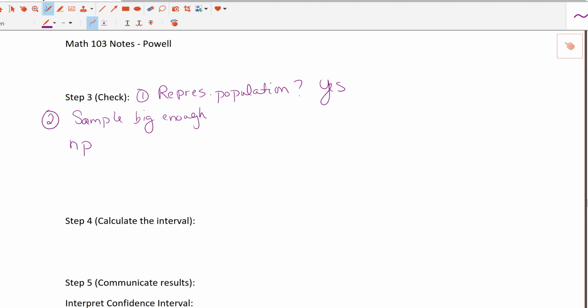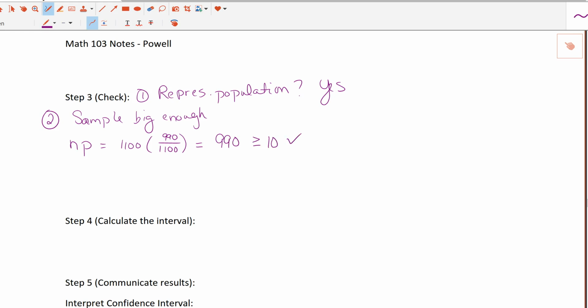And if 990 out of 1100 said yes, then that means that 110 had to have said no, which is also bigger than 10. So how we would calculate this mathematically is 1100 is n, and then 990 out of 1100 is our proportion of success, and that gave us 990.